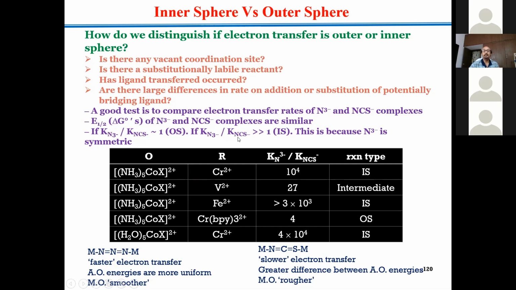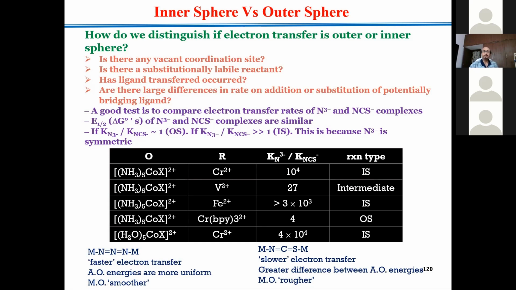On the other hand, if you consider the NCS, then one metal unit is linked to the bridge by the nitrogen donor, and the other metal unit is linked to the same bridge by the sulfur donor. Because of the asymmetric bridging mode of the bridge, the electron transfer rate is reduced.